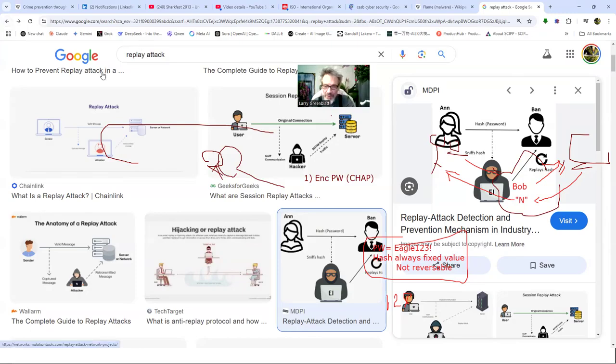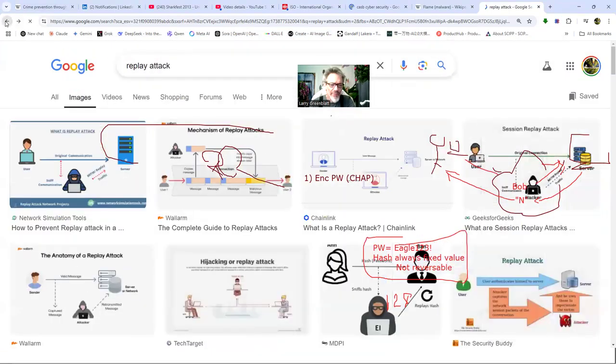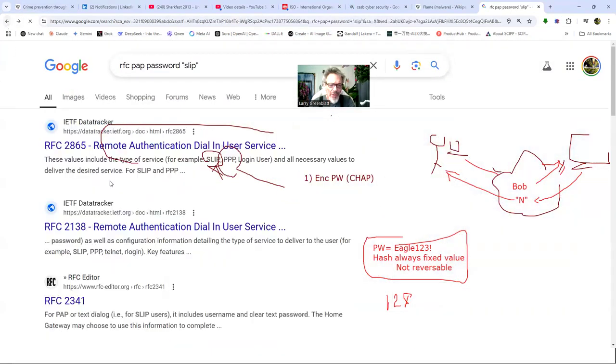All right, so go back to, did I already lose it? So now PPP allows you to encrypt it with CHAP. You take that number, and even if Eve is here listening, oh, I know his password's Bob, and they send this hash. They also said, take that number, add the password plus the number.